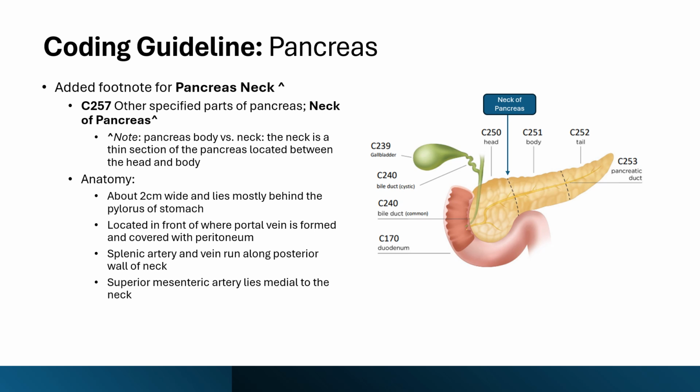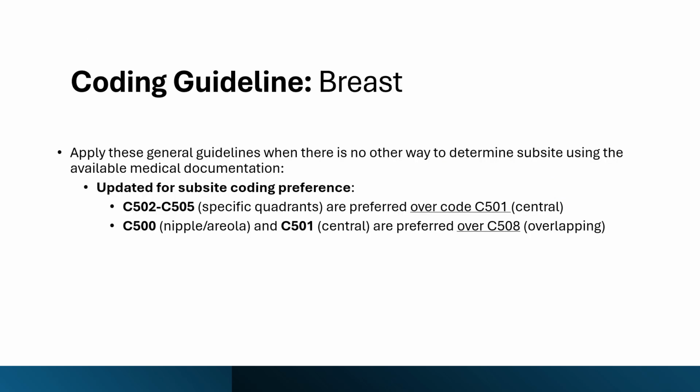When it comes to coding breast, there were a few updates for subsite coding. Again, these are just general guidelines for when we need more information and it's not available in the medical documentation. So if we have a specific quadrant, so that falls C50.2 to C50.5, those are preferred over coding it to central breast, C50.1.